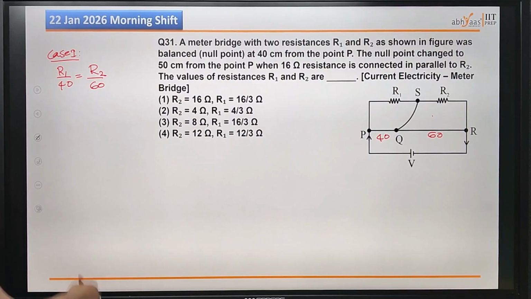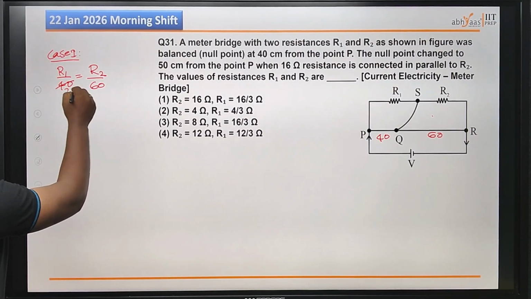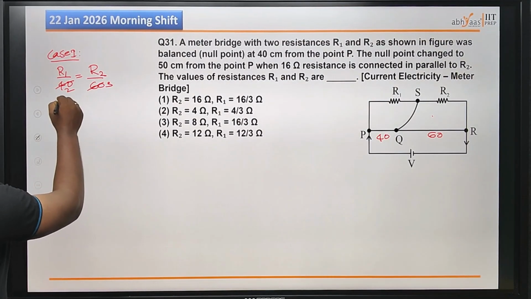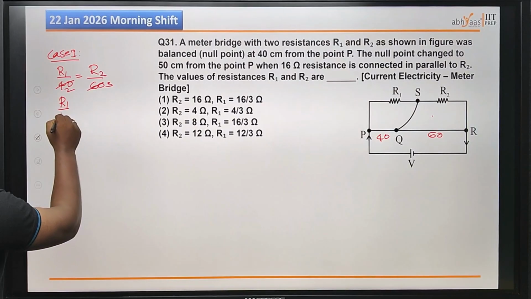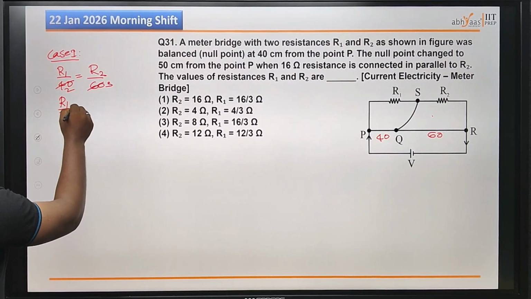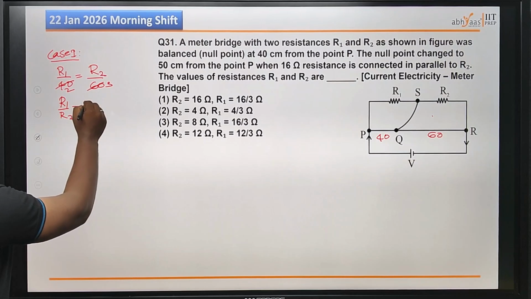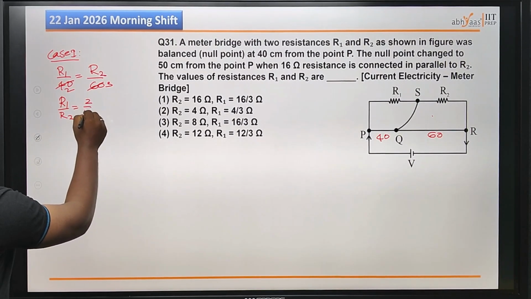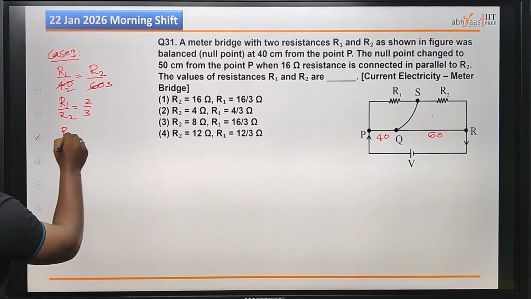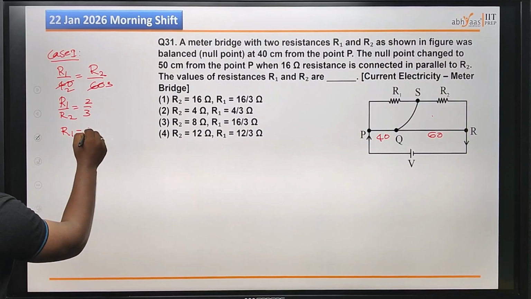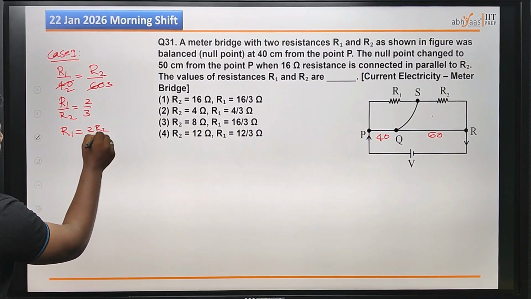From this one, you can write R1 by R2 equal to 2 by 3, or R1 can be written as 2R2 by 3.